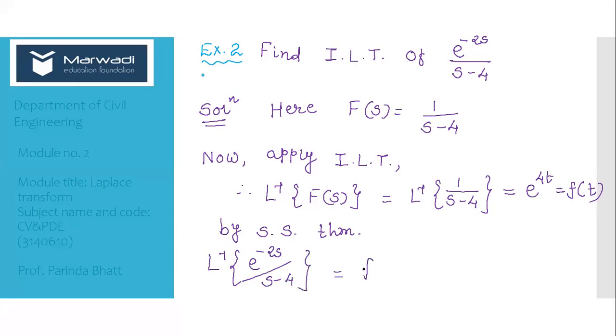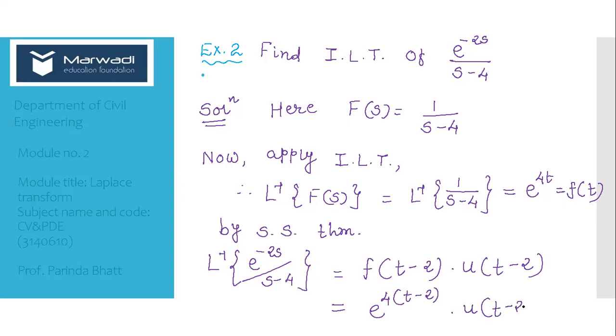Therefore, f of t minus 2, because a is 2, and u of t minus 2. Therefore, e power 4 in place of t, t minus 2, and multiply with u of t minus 2. This is our answer. Clear, everyone? Note down this question.